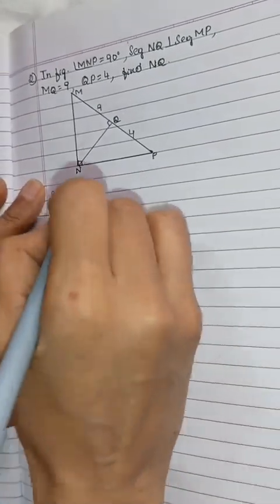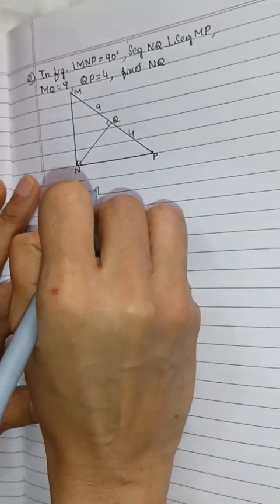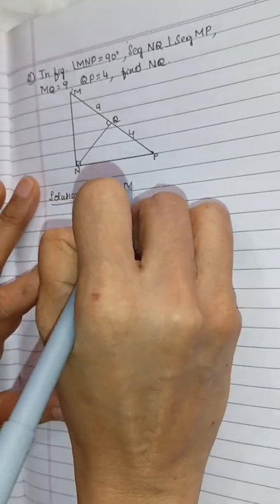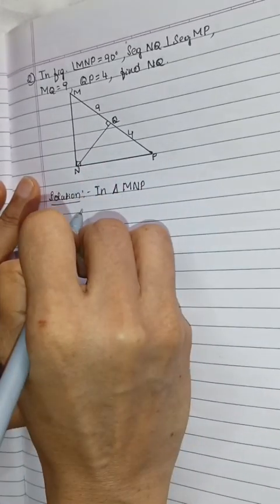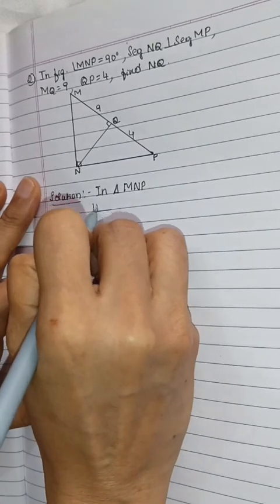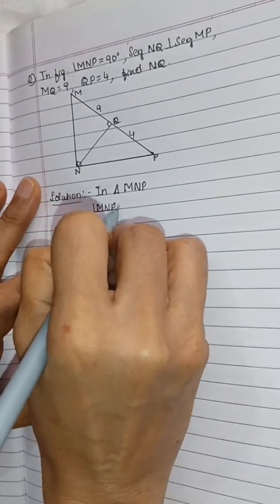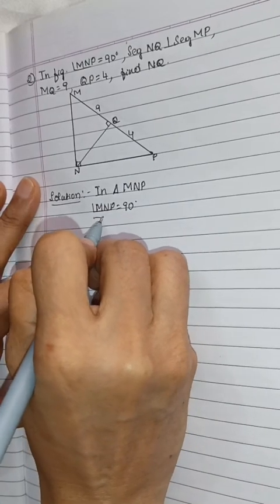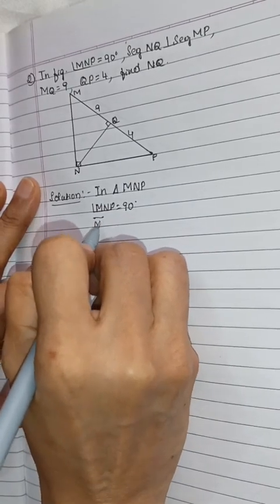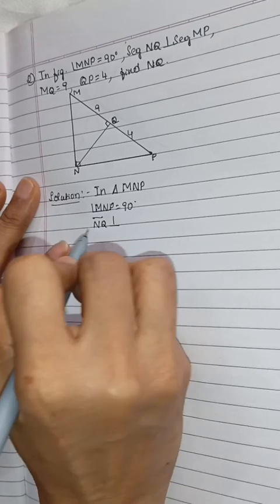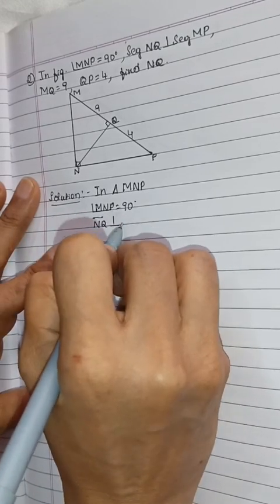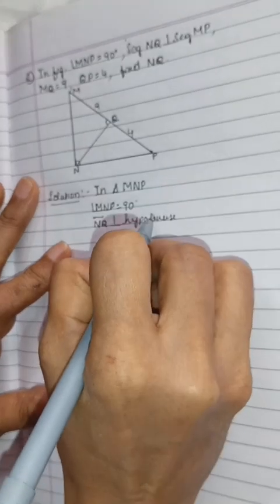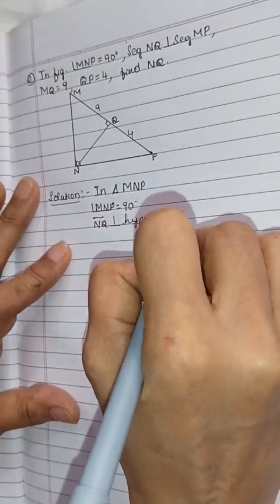Okay, so in the solution, in triangle MNP, angle MNP is 90 degrees. Okay, and segment NQ is perpendicular to hypotenuse MP.